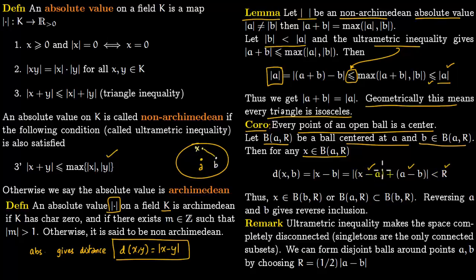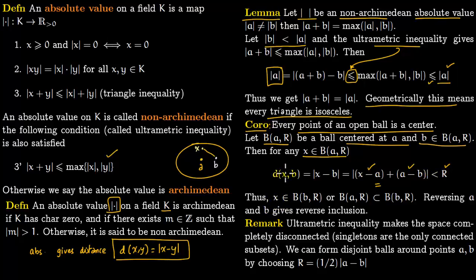So |x minus a| is less than r, |a minus b| is also less than r, and therefore r is greater than the maximum of these two. So you get r here. There is an equality here, this is equal to the maximum of either this or this, but both of them are less than r.